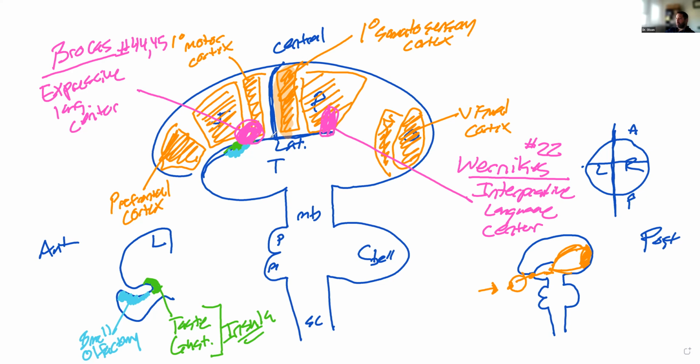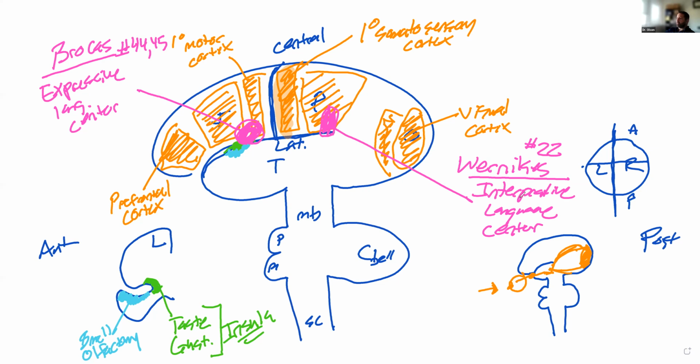Individuals who have Broca's aphasia are very frustrated, because their interpretation and understanding is fine, but when they go to speak, it doesn't come out right. They struggle to speak, so it's slow and difficult for them. So that's Broca's aphasia, or expressive aphasia.